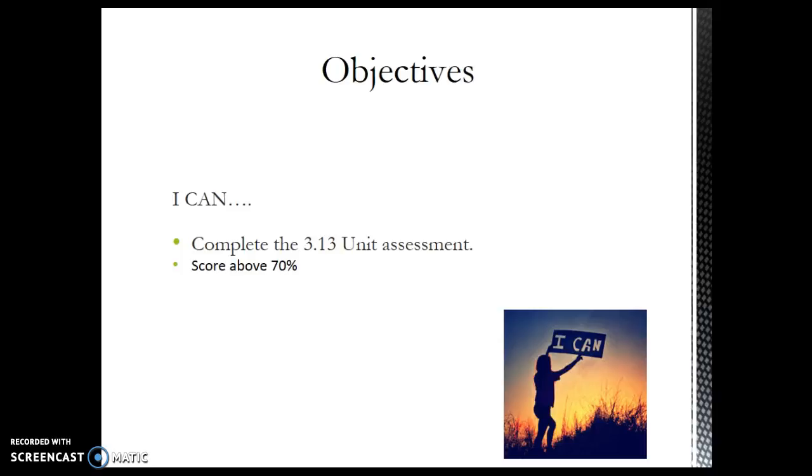Using this review sheet to study will help you in answering some of those questions. Remember, it is a test, so you need to study. You need to make sure that you know the material.